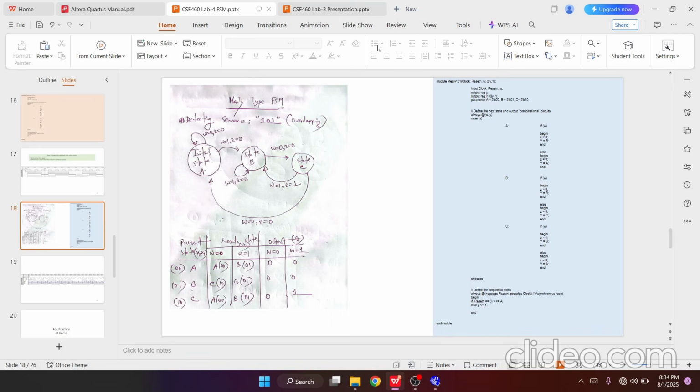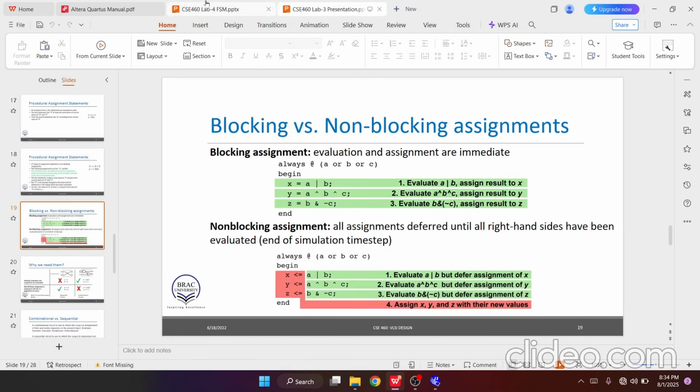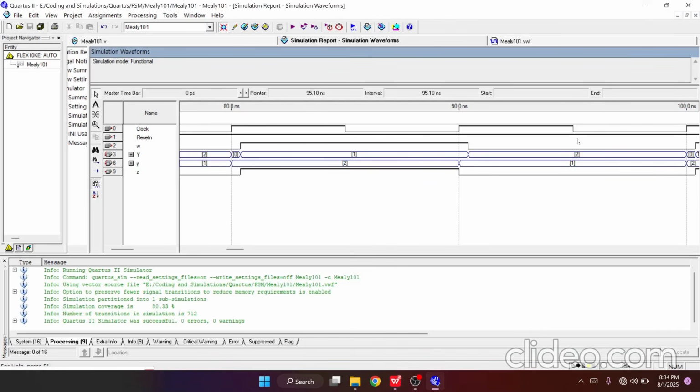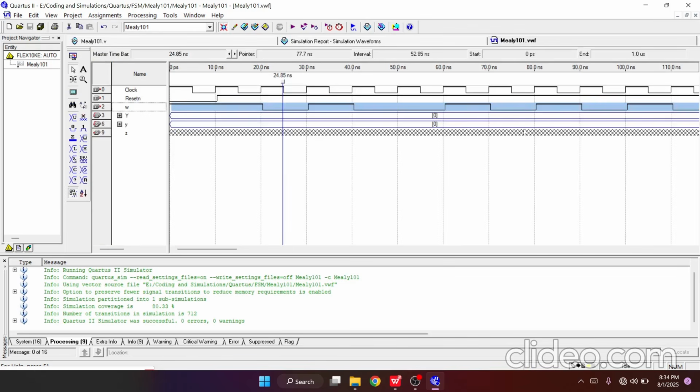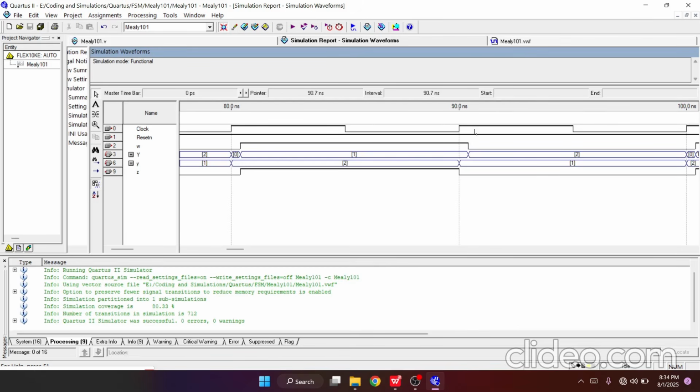I mean, capital Y should equal 1. Also your output should be 0. So Z equals 0 and Y equals B, which is true here as well.